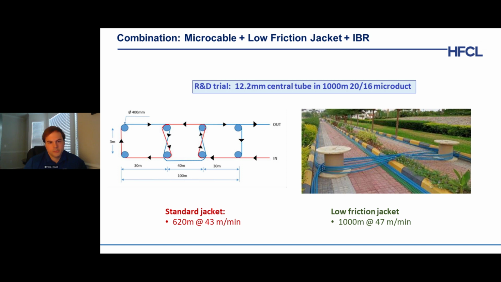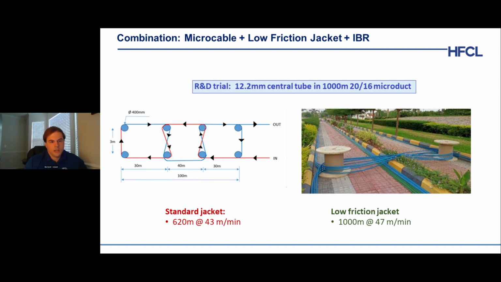And you can see a drastic difference in terms of the time it took for the different cable types with the different jacket materials. The standard jacket only went 620 meters at 43 meters per minute, whereas the low friction jacket, our solution, went 1,000 meters at 47 meters per minute. So you can see a drastic difference just in that regard.